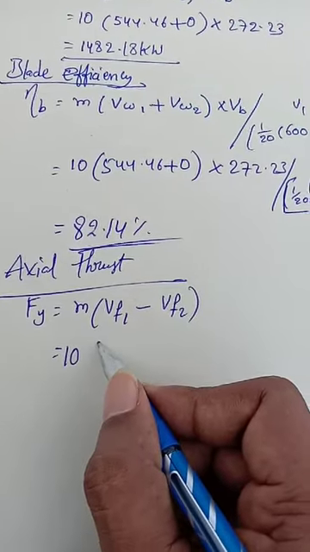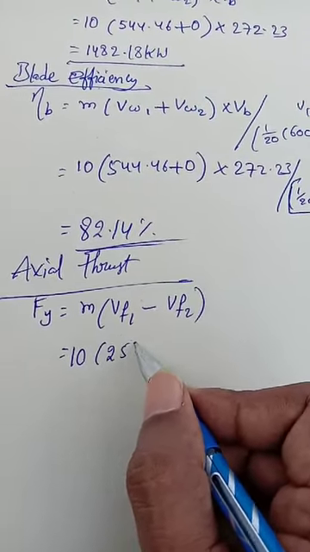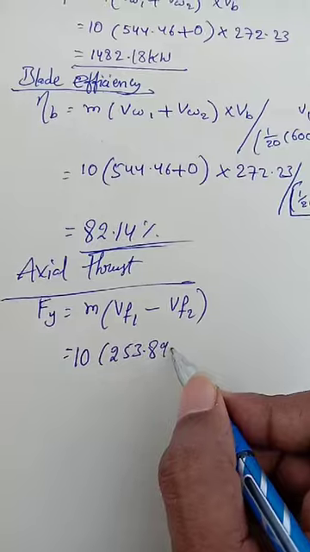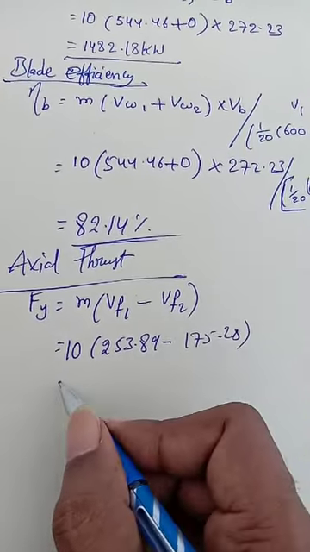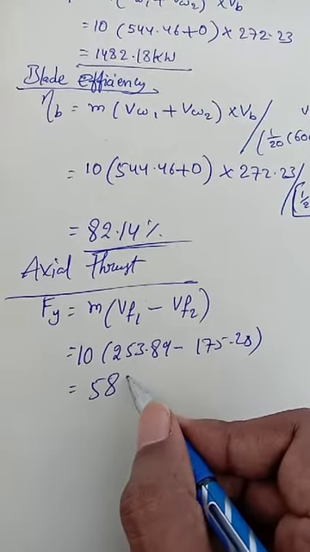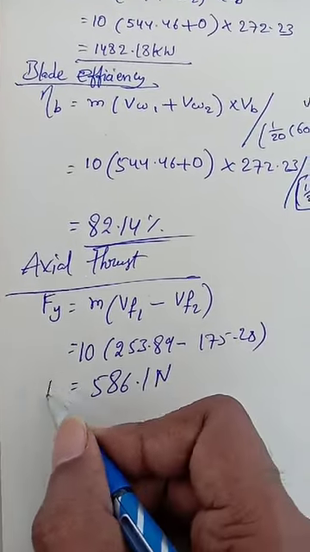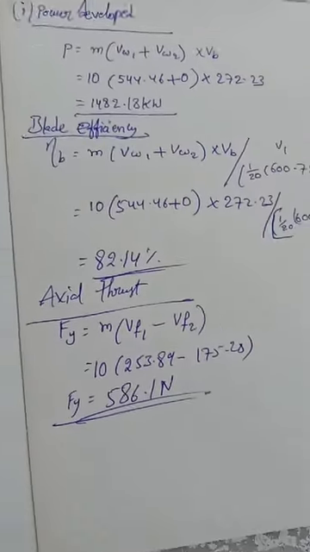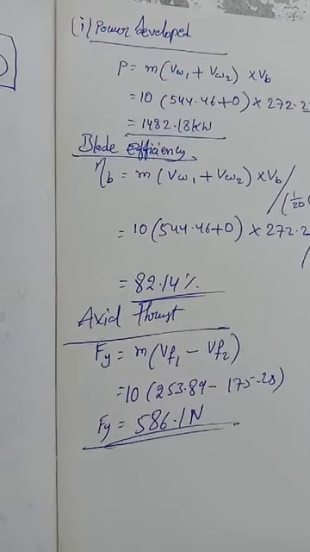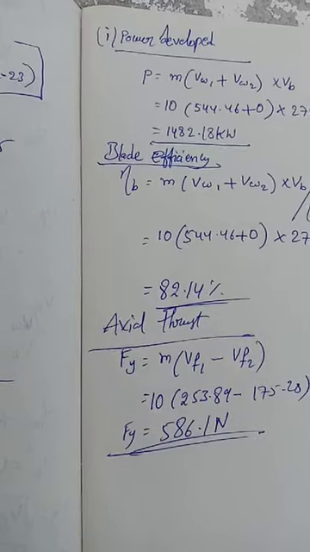Okay, and now substitute the values. I simply substitute and calculate. This is called Fy. Okay, this is the procedure to solve the impulse turbine. Okay, we'll see next problem next class. Thank you.